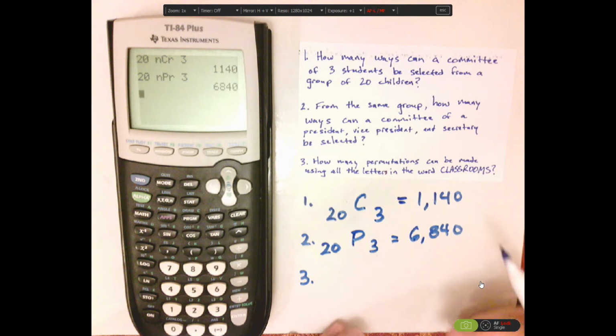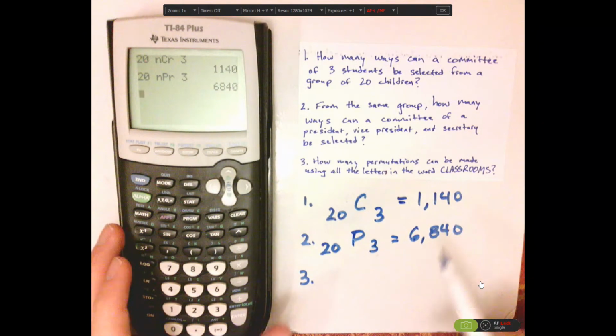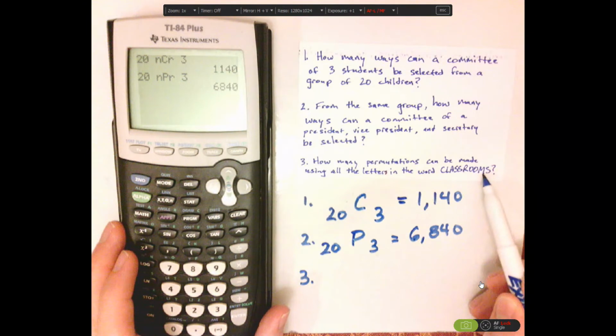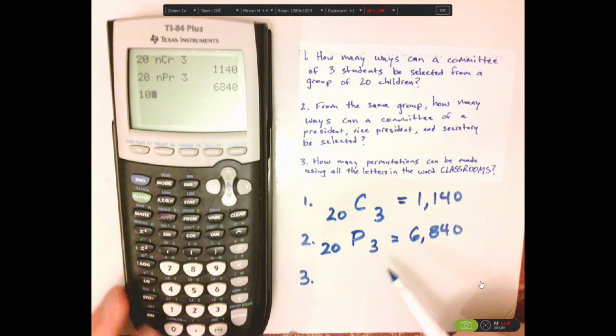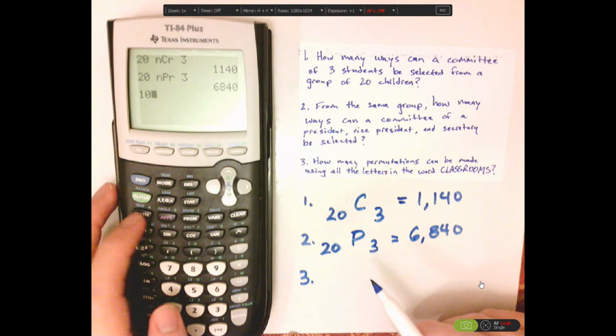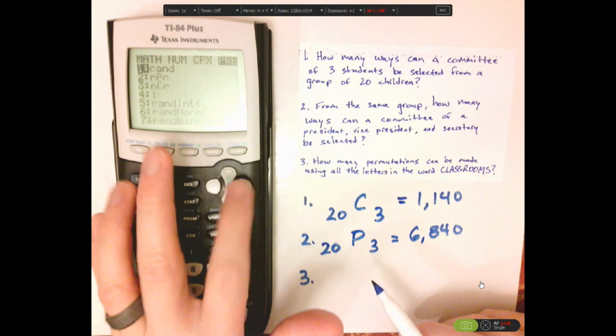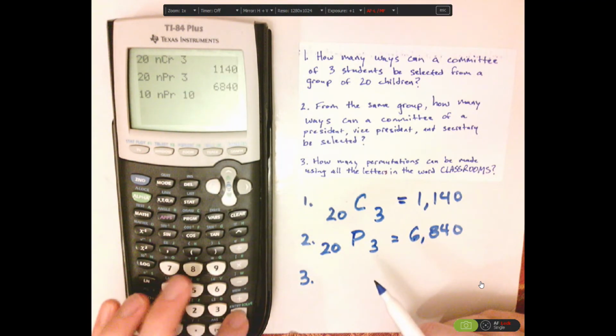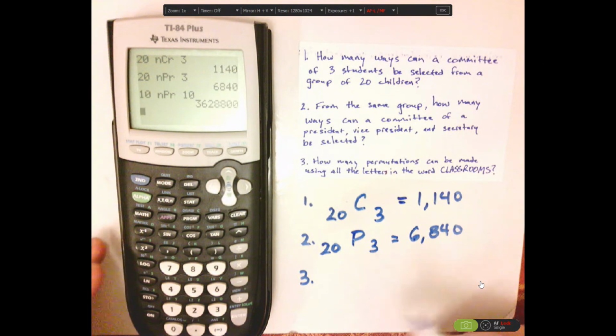So if you type in this and you're choosing all the letters, I'll show you what you're going to get. So it's 1, 2, 3, 4, 5, 6, 7, 8, 9, 10. So if I do 10, go to math, I use permutations, 10, I get that.